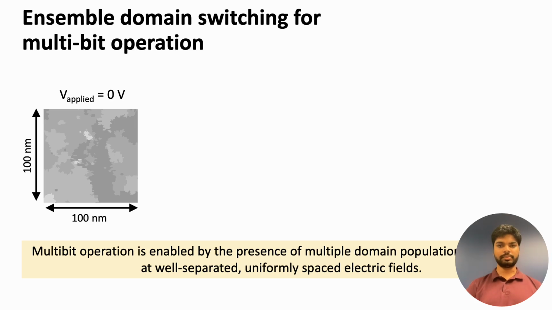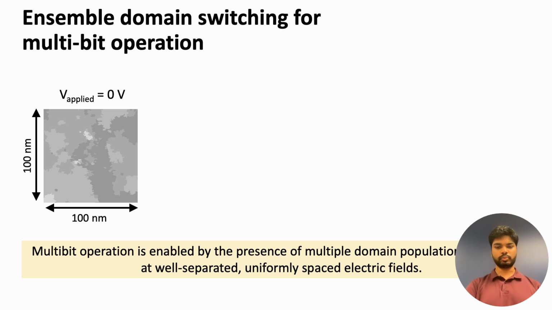Now let's talk about multibit operation. Conventionally, multibit operation is assumed to arise from partially polarized states in ferroelectrics. By constructing 100 nanometers by 100 nanometer device maps based on the EBIC maps, we reveal that multibit operation in ferroelectrics arises from statistical distribution of switching characteristics rather than partially polarized states.